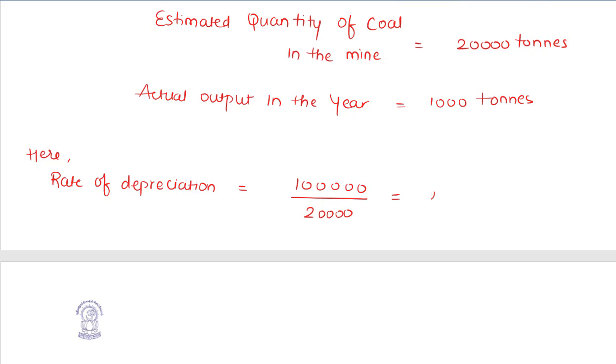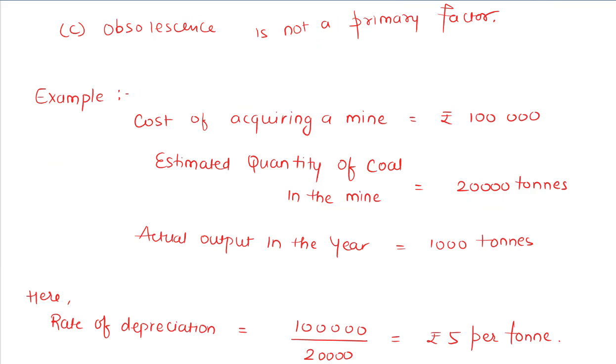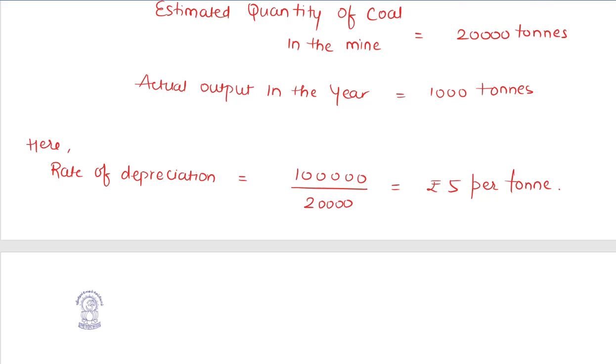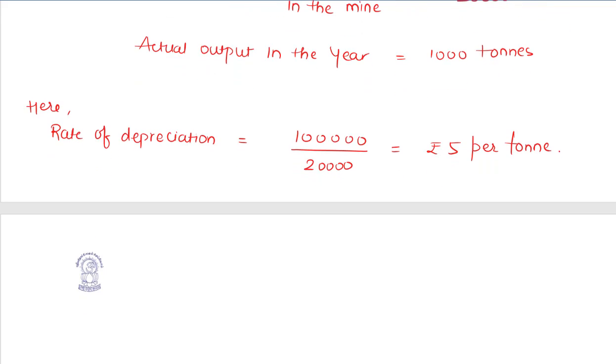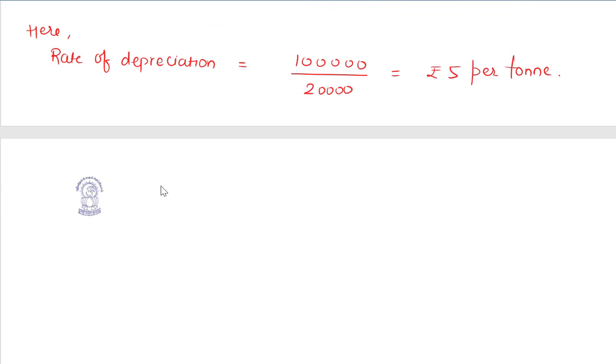So 1 lakh divided by 20,000 equals rupee 5 per ton. Let's continue.